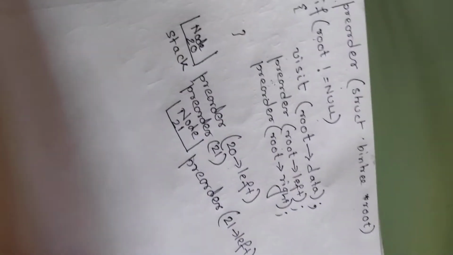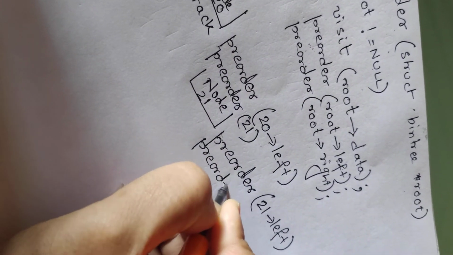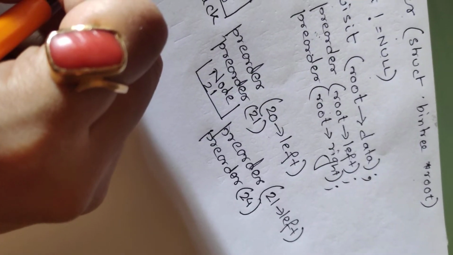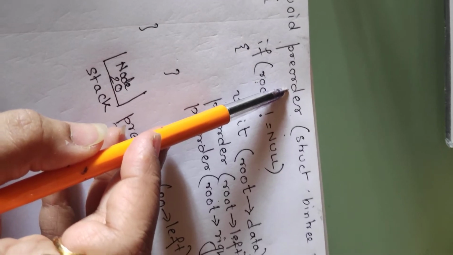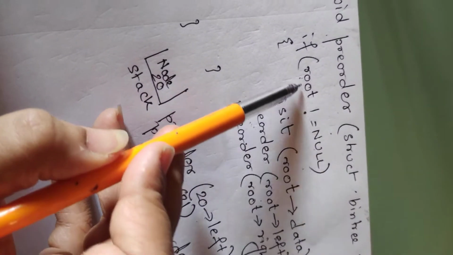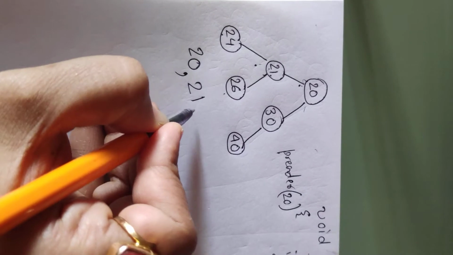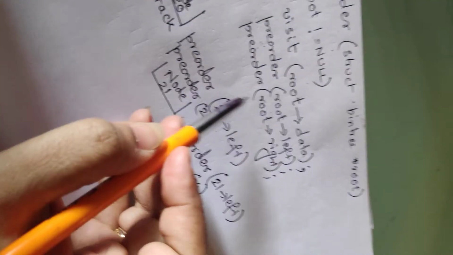So that means you are calling preorder 24, right? Now again the preorder function starts. Now the root value is node 24. So 24 is not equals to null. You visit root data. So that means 24 is displayed, right?